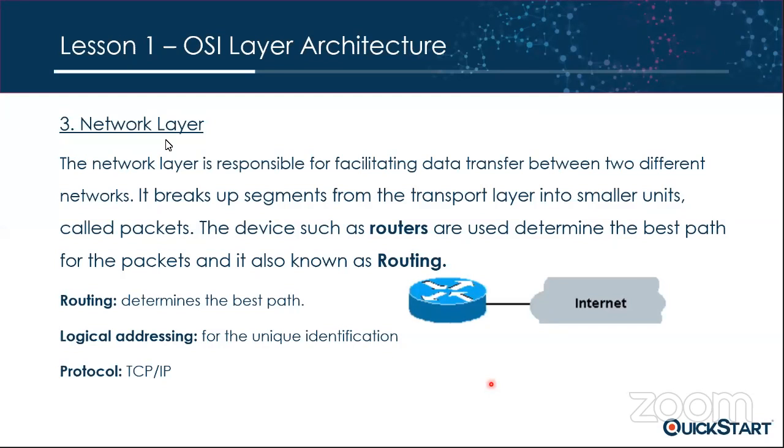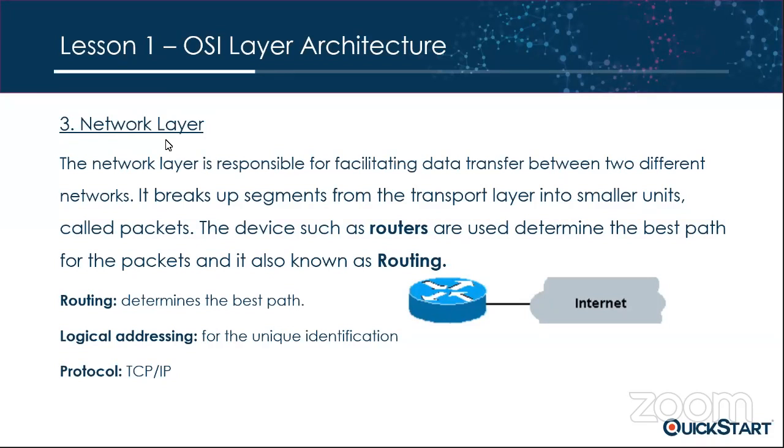All right. The network layer works for the transmission of data from one host to another located in a different network, right? It also takes care of packet routing, that is selection of the shortest path, and transmission of the packet.